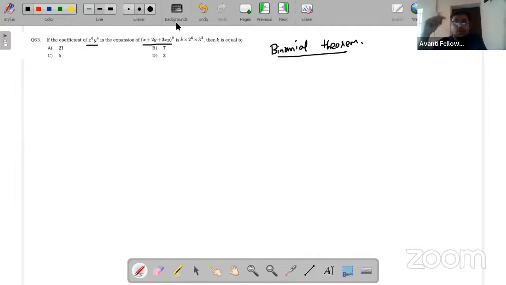So for three terms or more than three terms, there is one concept in binomial theorem which is the multinomial theorem, right?